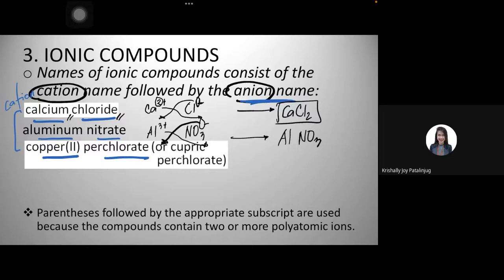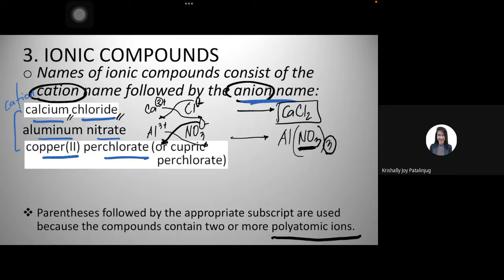Now, listen. Whenever a polyatomic ion, like nitrate, nitrate is a polyatomic ion, carries a subscript greater than 1, so that would be 2, 3, 4, and so forth, as long as it is greater than 1, we have to enclose it in a parenthesis before writing the subscript, so that all the atoms from that polyatomic ion will receive the subscript of 3.